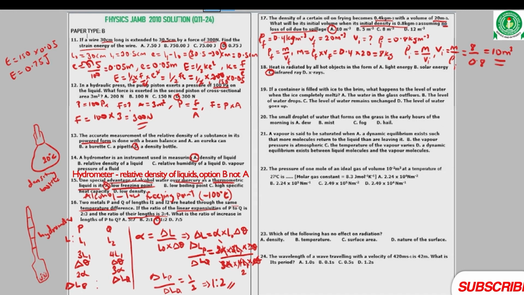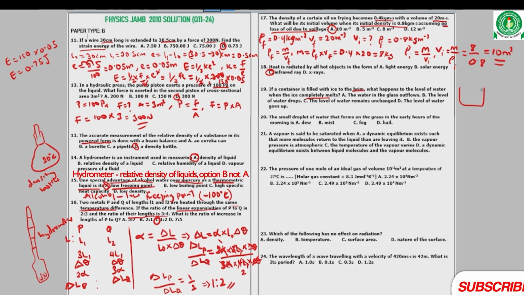If a container is filled with ice to the brim, what happens to the level of water when the ice completely melts?